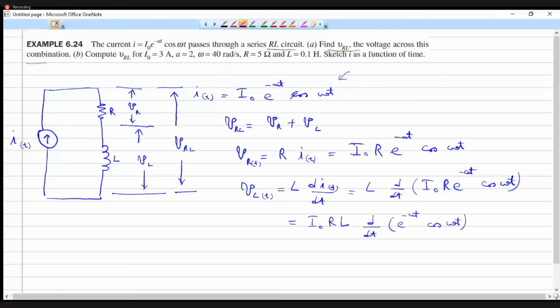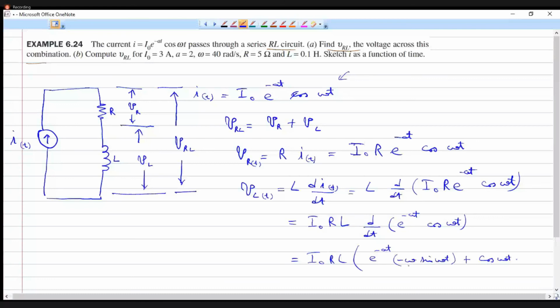Derivative by parts: first part into derivative of the second part, so that will be minus omega sin omega t, plus second part into derivative of the first, right?